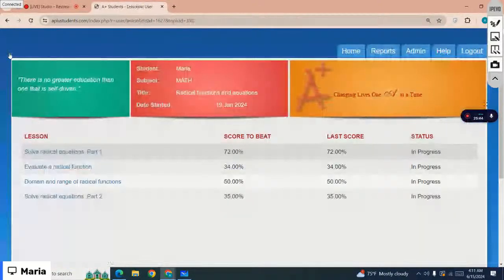The next lesson is evaluate a radical function. Let's just start with the next lesson.